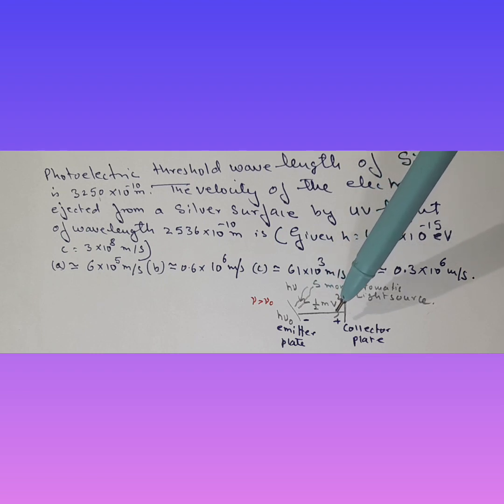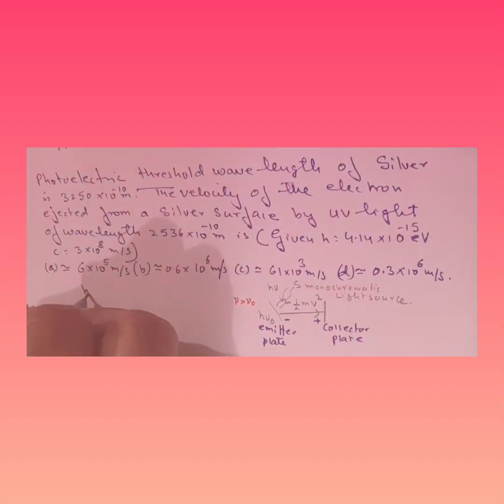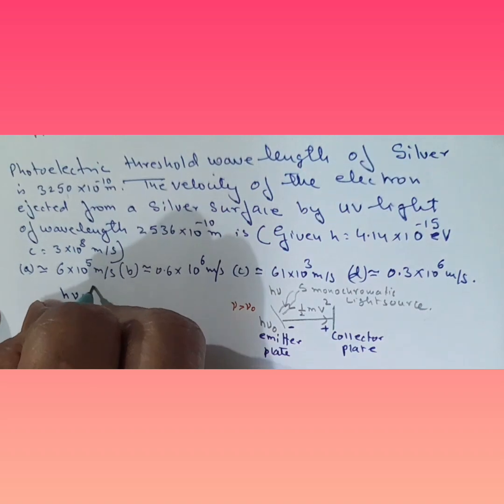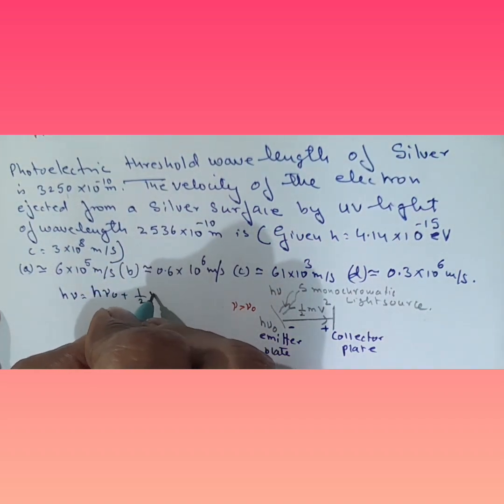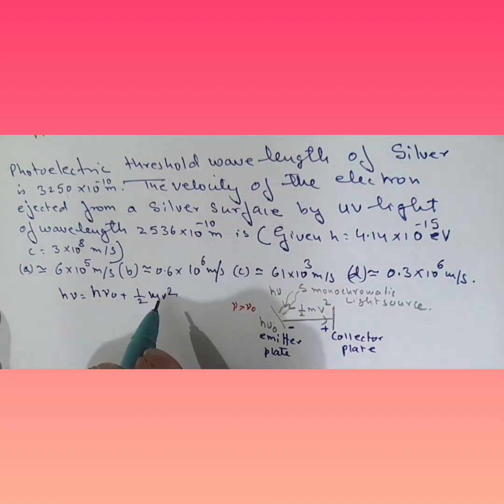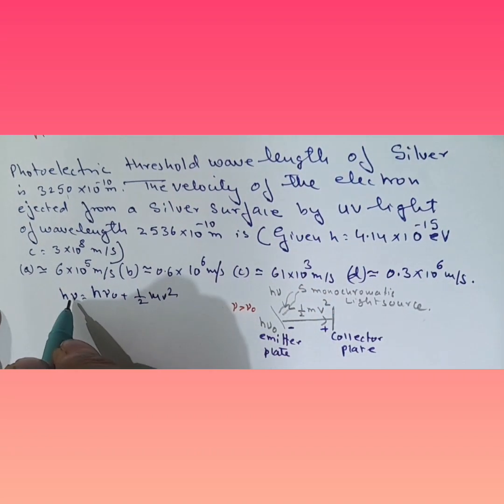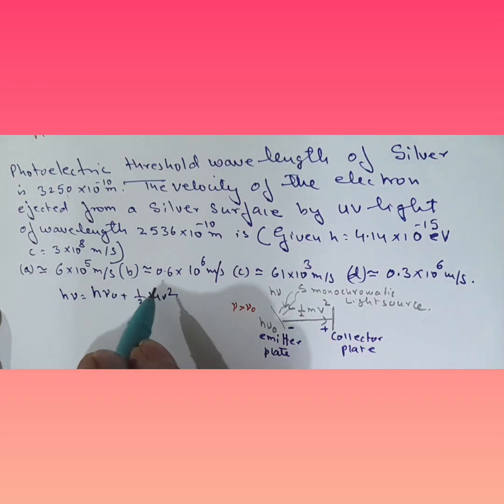Alright, so let's set up the equation, just recollect the equation that we had done. It would be h nu is equal to h nu 0 plus half m v square, where v is the velocity, m is mass, nu 0 the threshold frequency, nu the frequency of source, h being Planck's constant. Now suppose we want to set up the equation in terms of kinetic energy.